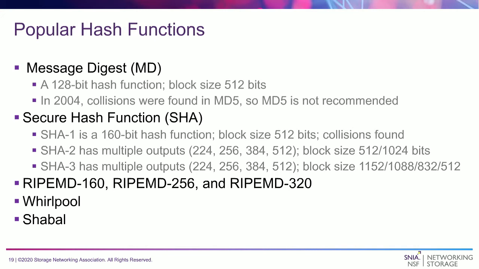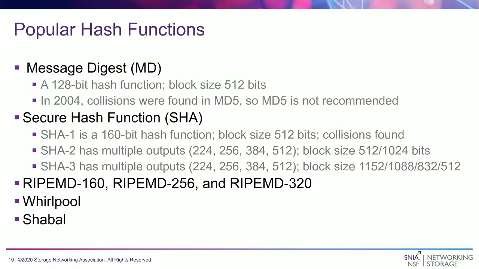Now, as I mentioned earlier, there are fixed outputs for these hash values, and what you see here is, for example, SHA-1 is a 160-bit hash value, and the block size is 512 bits. Well, some of these others under SHA have, depending on which flavor you choose, different output sizes, and also potentially different block sizes that they're using to essentially work their way through your data.